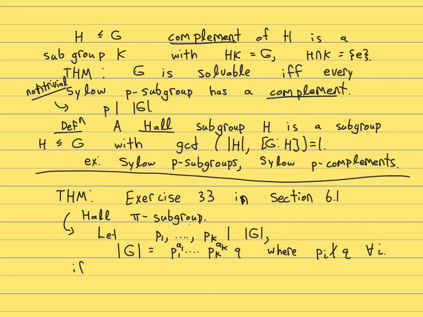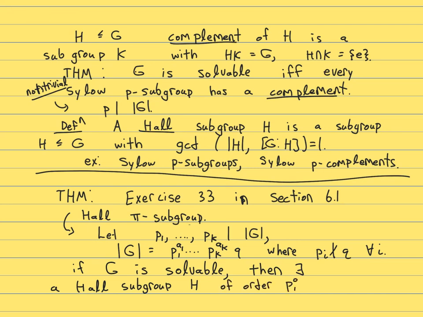If G is solvable, then there exists a Hall subgroup H of this particular order, p1 to the a1 up to pk to the ak.